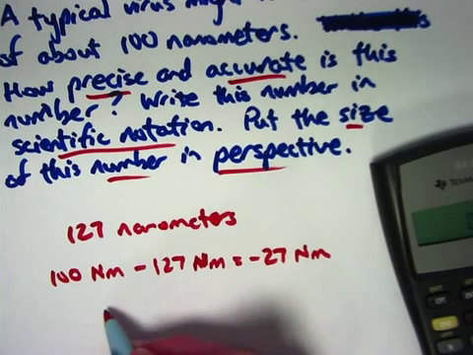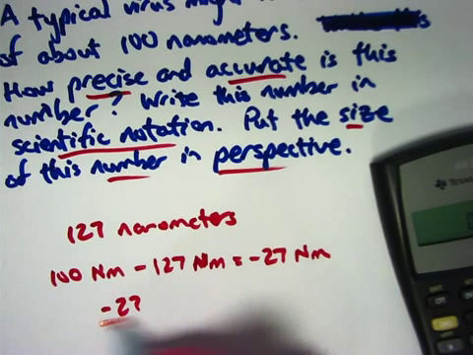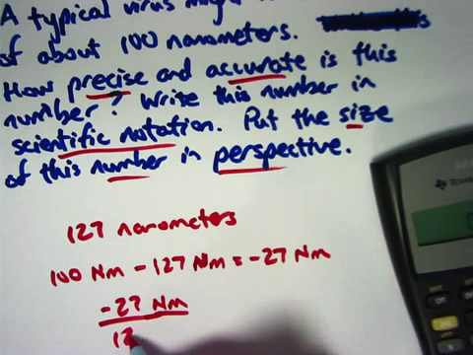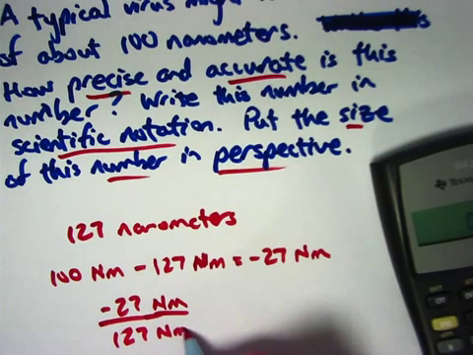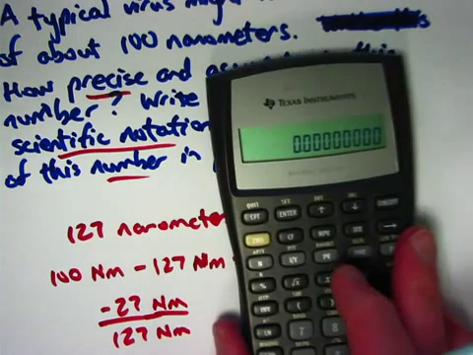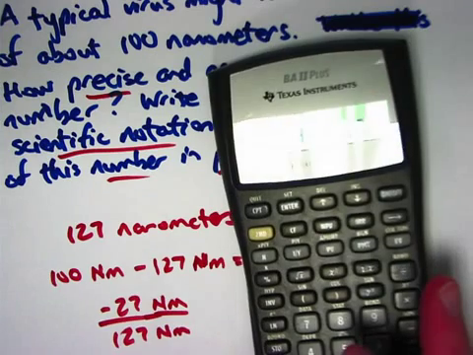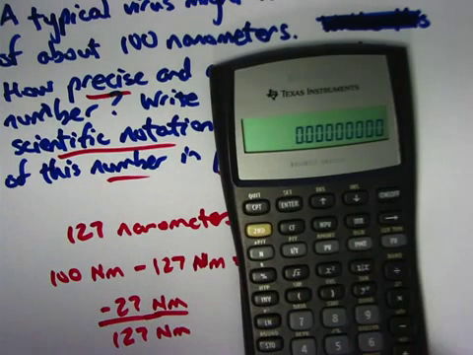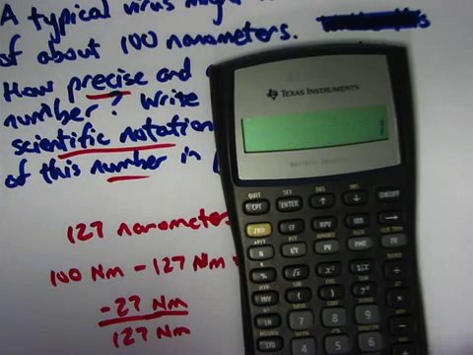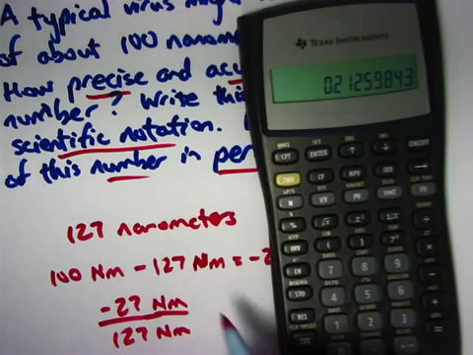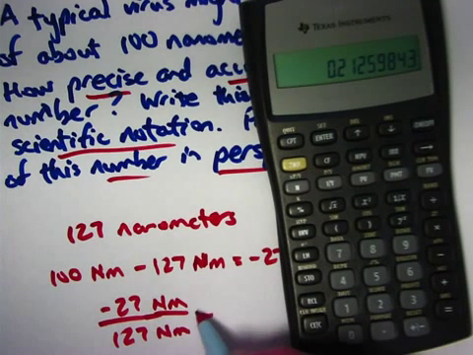As a percent, you'd take the negative 27 nanometers and divide by 127 nanometers, the true value. If I do that on this calculator, 27 divided by 127, and that, as a percent, is about 21%.